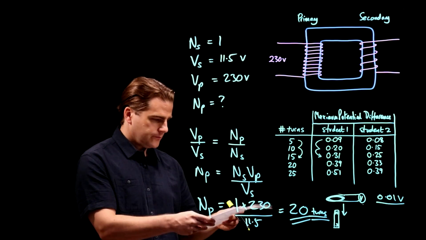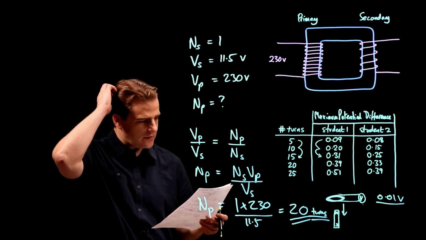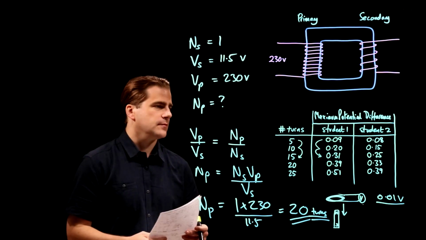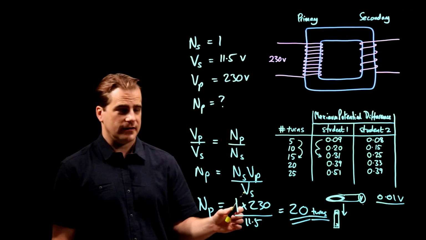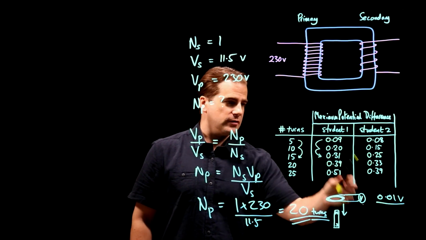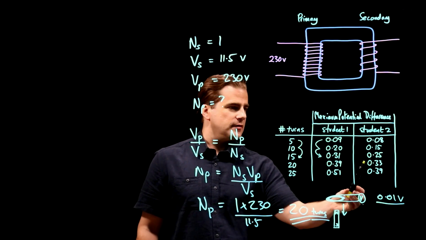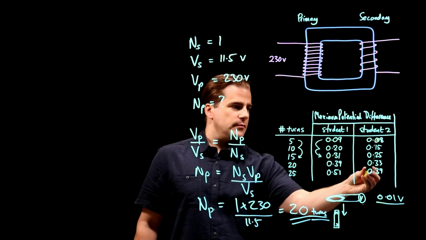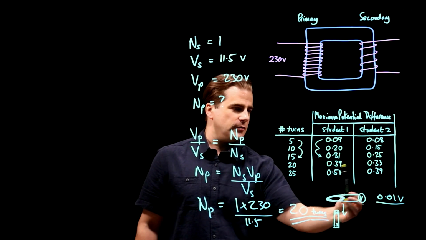Right. What's next? Why did student 2 get different results? Okay, so apparently both of these students did everything correctly in the experiment, and yet student 2 got different results. How is this possible? Well, look at the numbers. 0.08, 0.09, 15, 20, 25, 31.